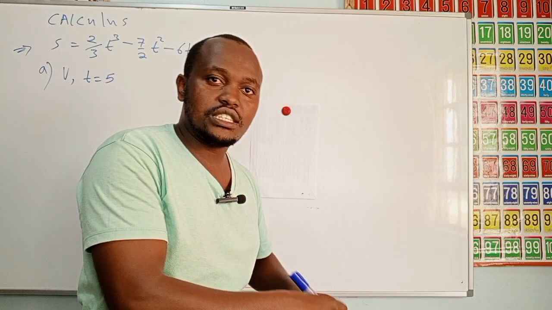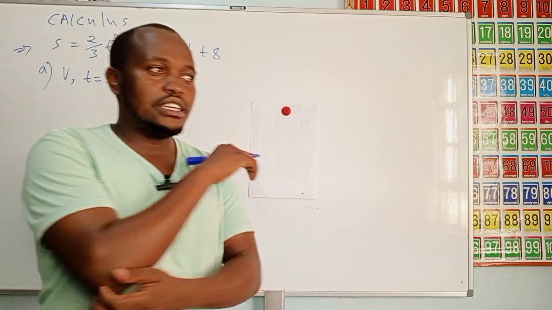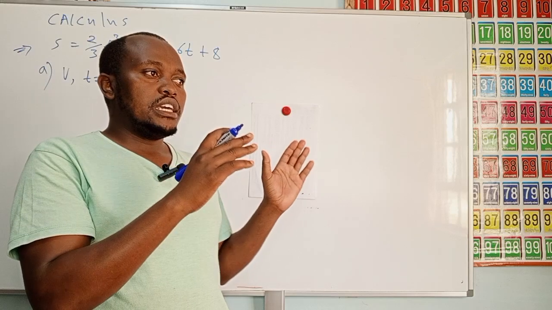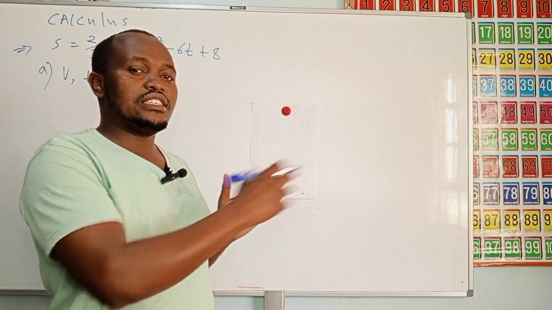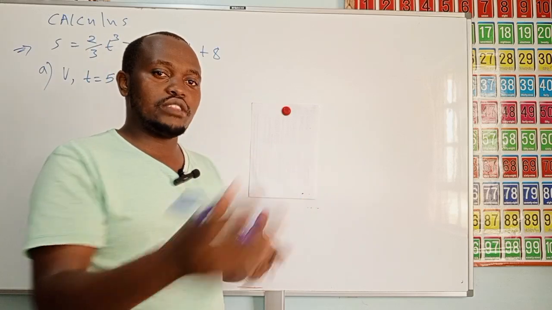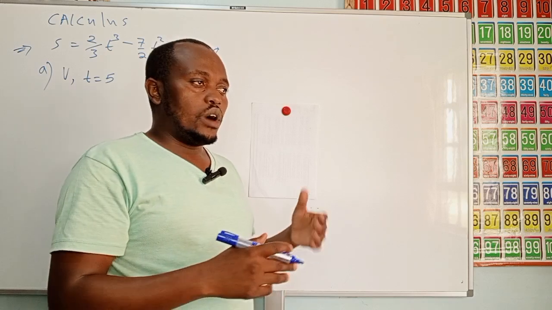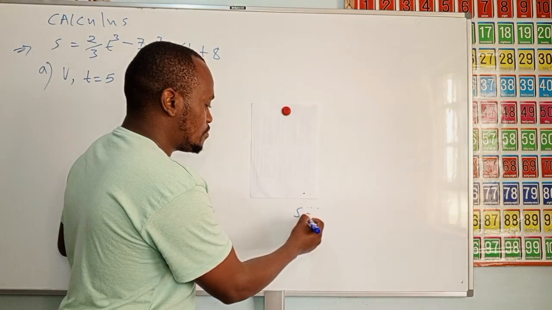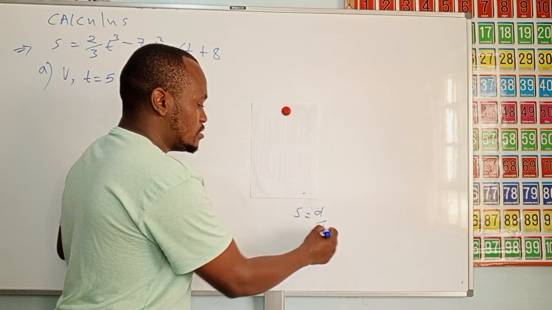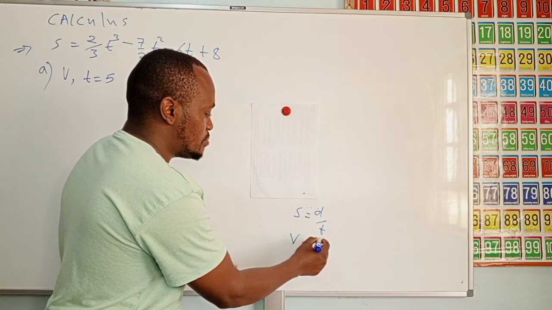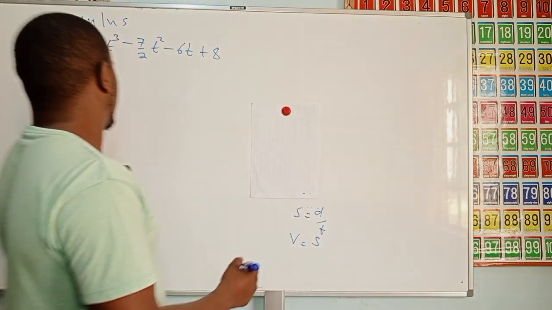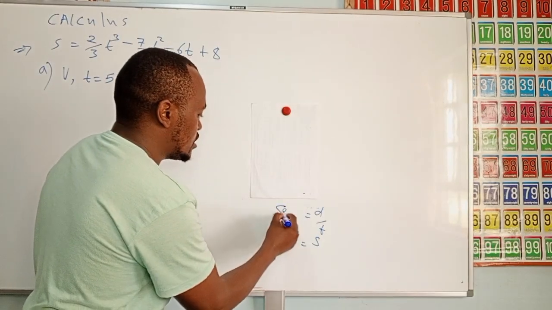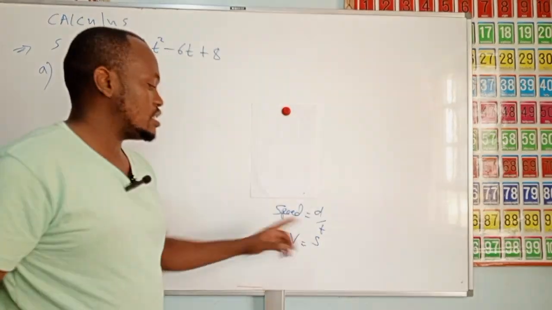Those who are doing physics know that displacement, or even if you are not doing physics, displacement is more of the distance that is covered from one point to the other. So how do you find speed? Speed is equals to distance over time. So what is velocity? Displacement is written as s. This one we can write speed so that you do not confuse with this.